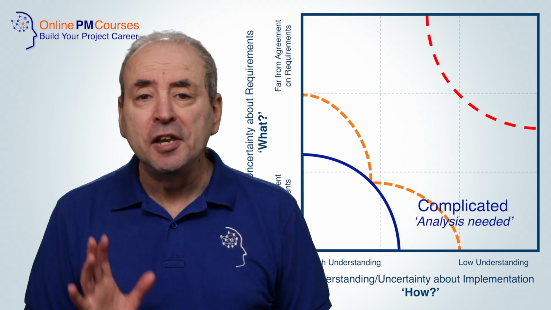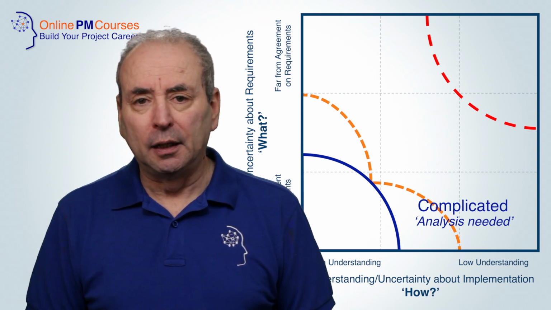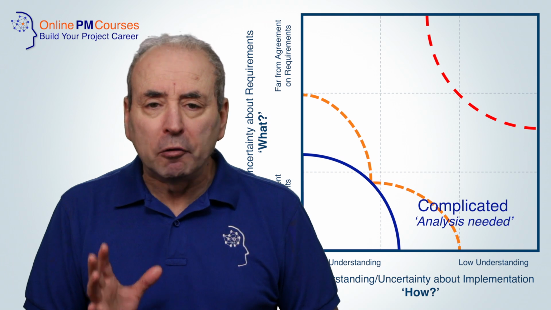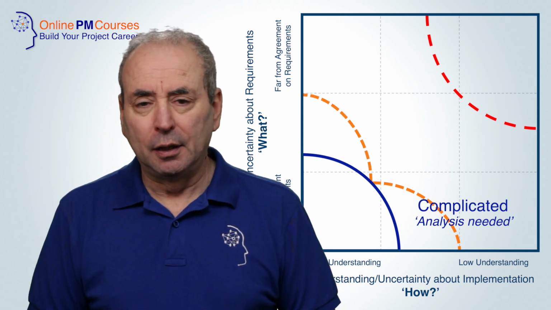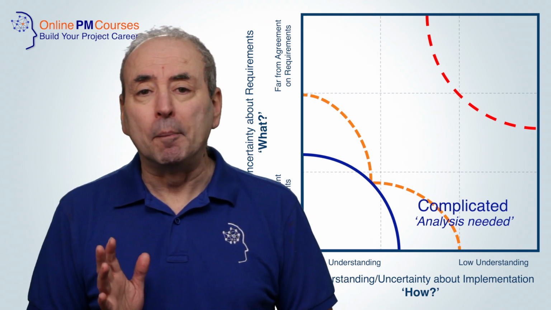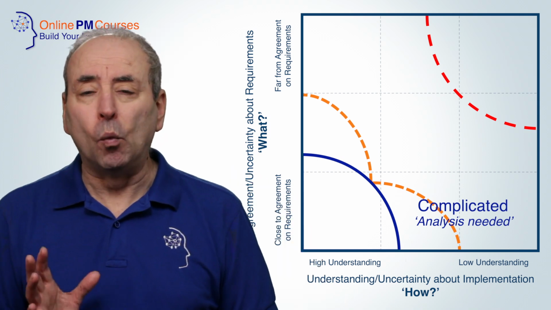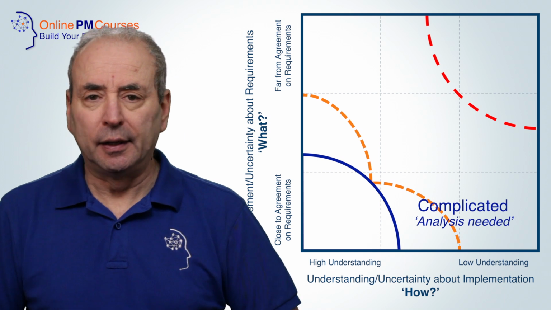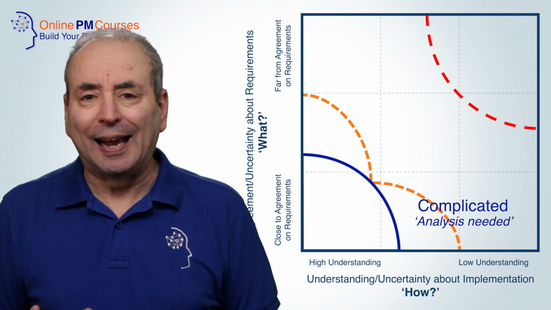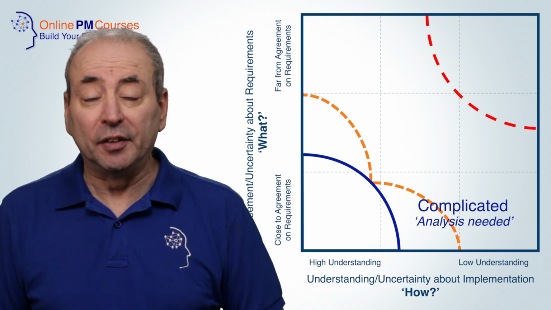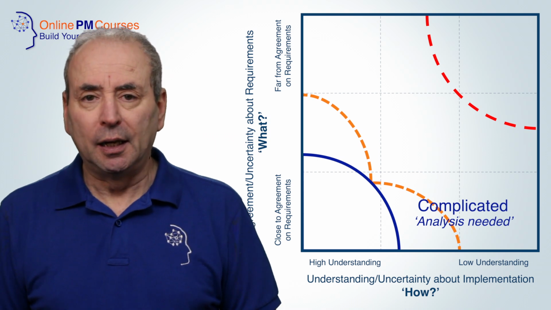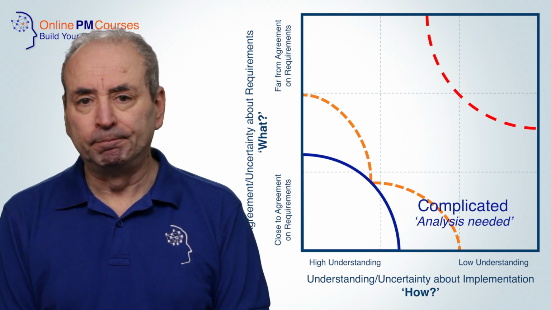We also have another type of complicated project where we are close to agreement on what we need to achieve, but far from understanding the best way to achieve it. Here it is clear what stakeholders want and need, but we do not have a good enough understanding of the technology or the approaches that will best deliver it.